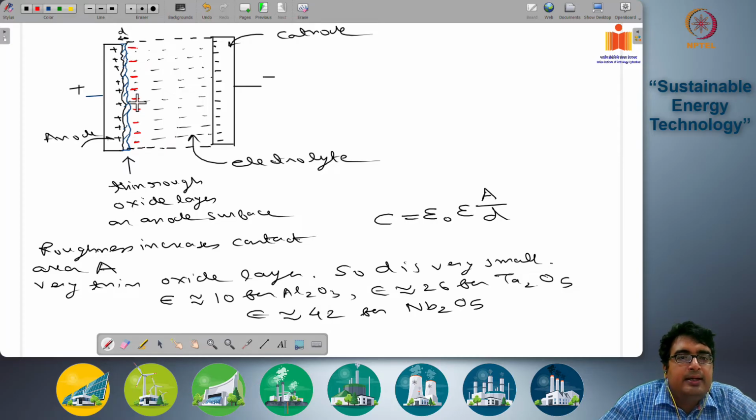So these are the negative ions that have migrated through the electrolyte to the surface of the oxidation layer, which is acting as the dielectric. So the presence of the positive charge here causes the negative charges of the electrolyte to get attracted and collect on the opposite side of the metal oxide layer. Okay.